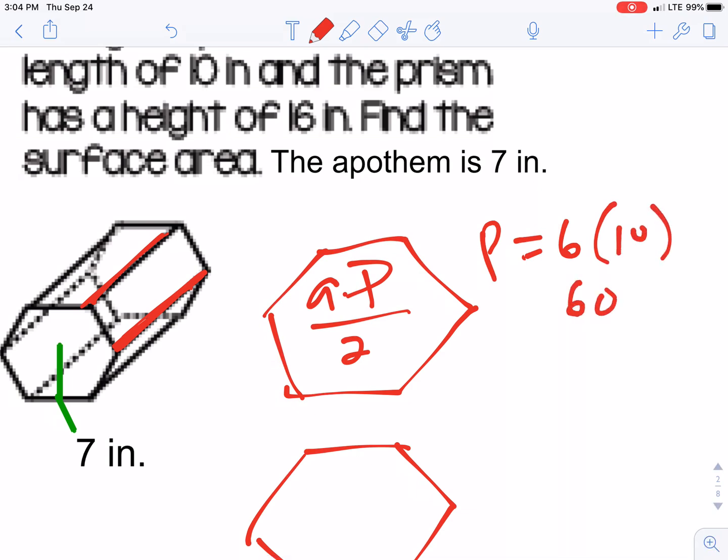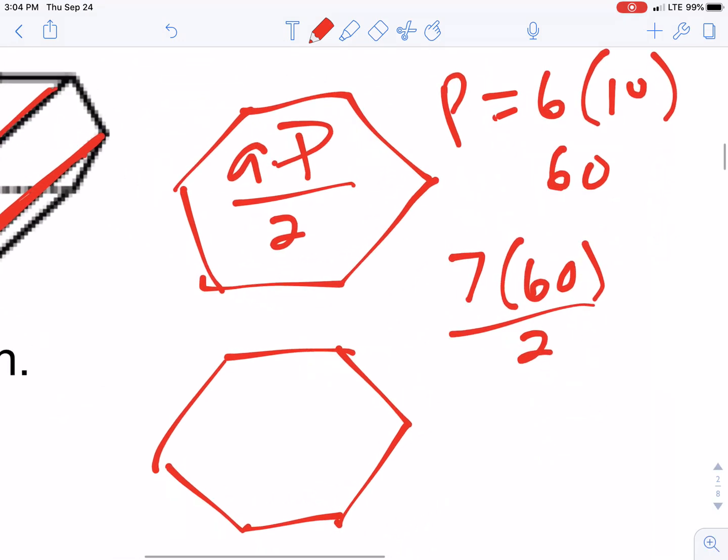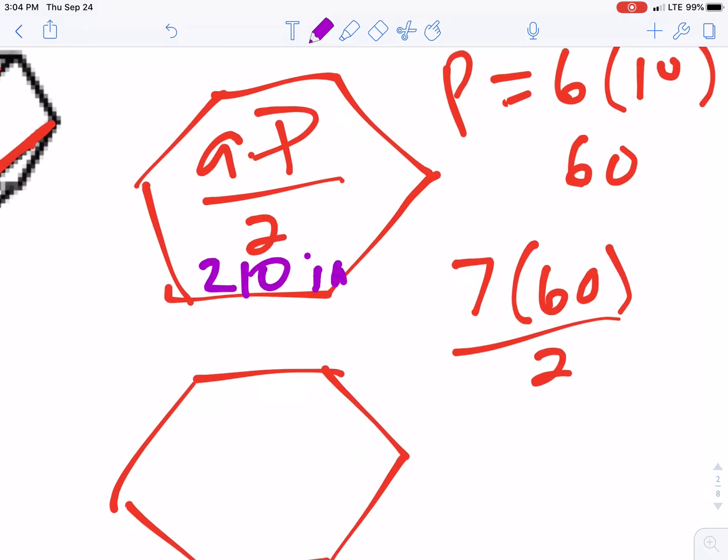And my apothem is 7, so I'm going to do 7 times 60 divided by 2. 7 times 60 is 420. 420 cut in half gives us a grand total of 210. So each of these hexagons has an area of 210 square inches.